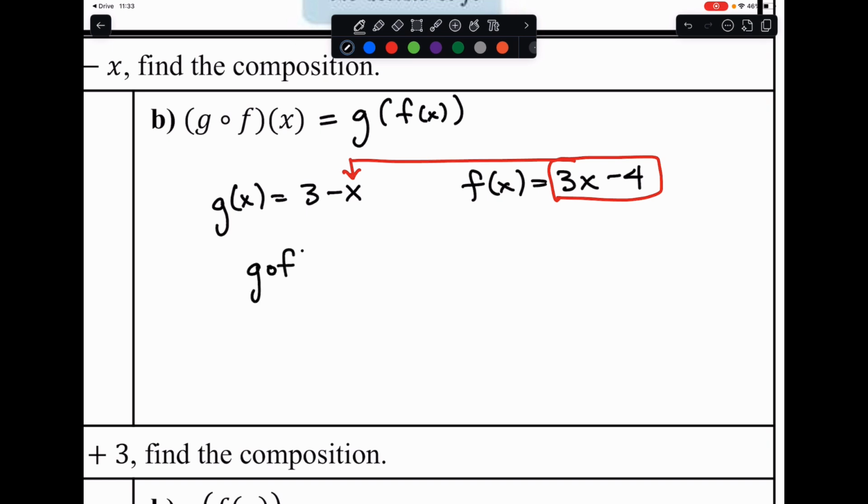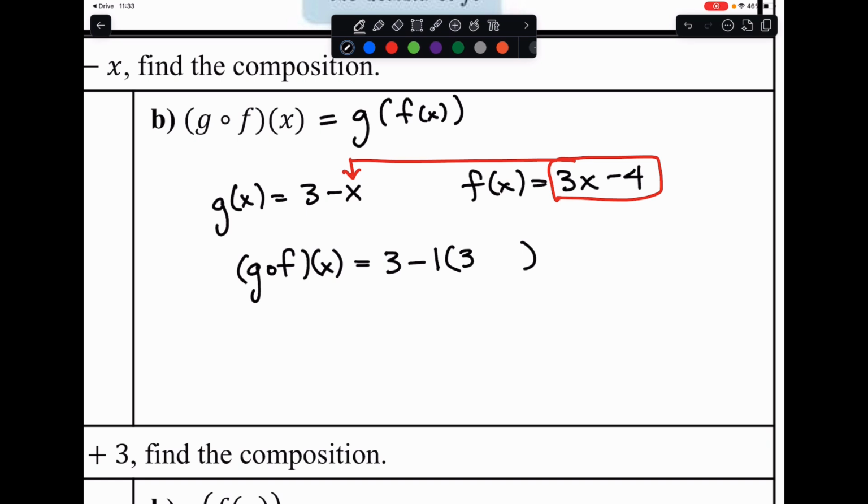So the gof, as I lovingly call this one because it looks like the word golf, just without the L, gof of x equals 3 minus 1x. So I write this function and put parentheses where the x is. And since there's an invisible one right there, I'm going to put that there. And inside the parentheses, I'm going to write an f.